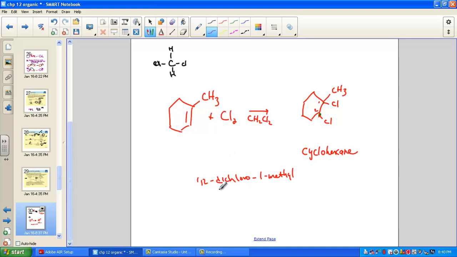Remember, when we alphabetize, the di isn't part of the criteria, but chlorine does come before the methyl group. It's not because of the D in di, but because of the C in chloro. So 1,2-dichloro-1-methylcyclohexane. There, I got it. Alrighty.